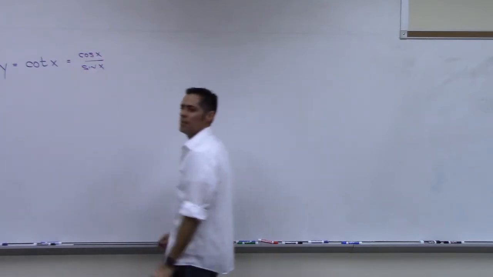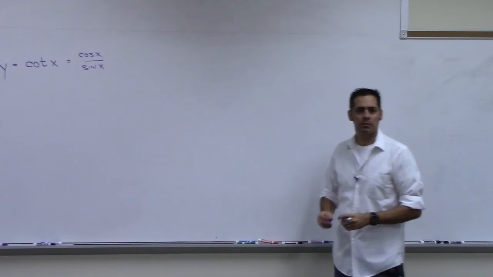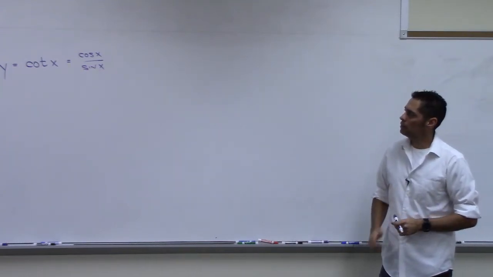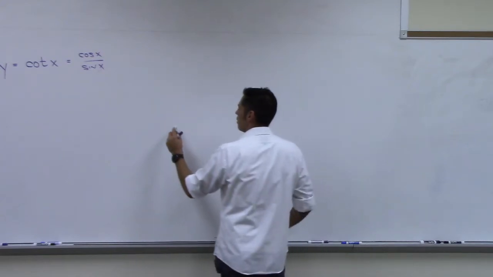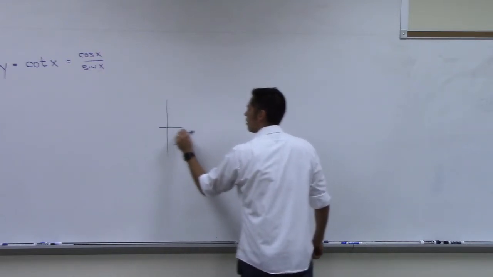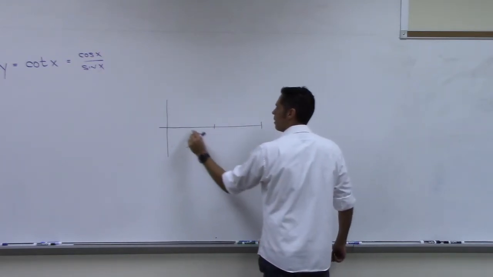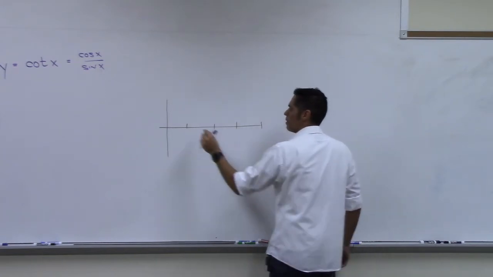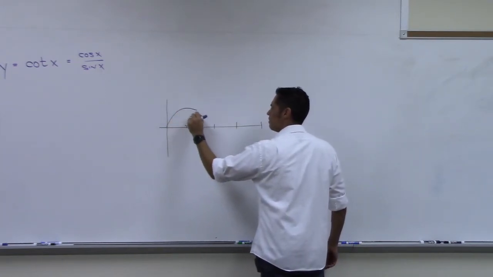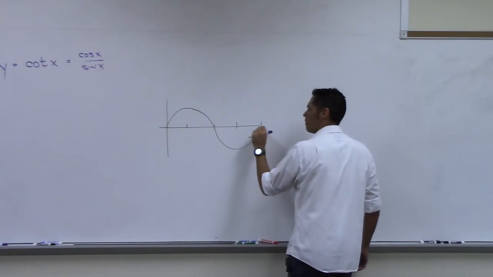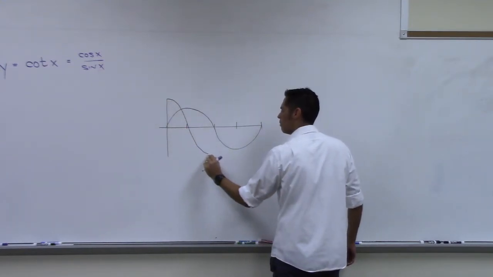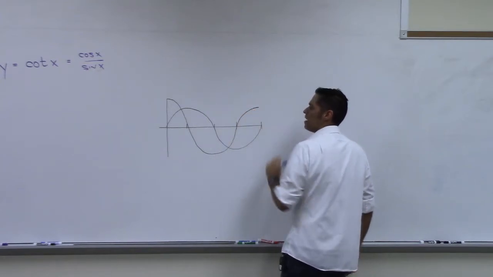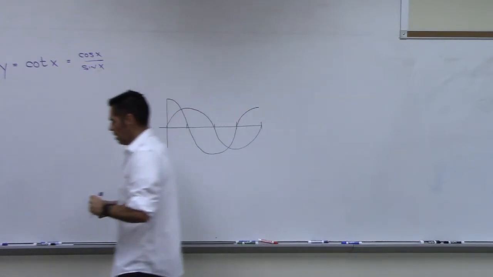It's flipped over from tangent. So if I draw sine and cosine together, that's sine and cosine like I did before.